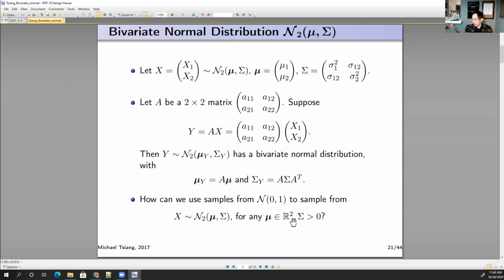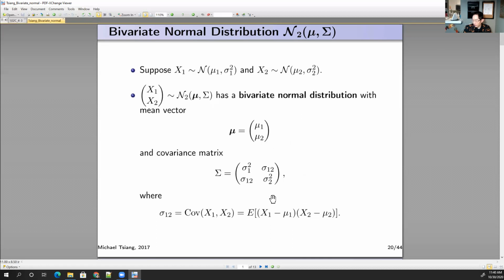All right, so what we want to do is ask: can we go from standard normal values, centered at 0 with variance 1, and end up with our bivariate normal distribution where the mean is now mu1, mu2, and the variance is this?